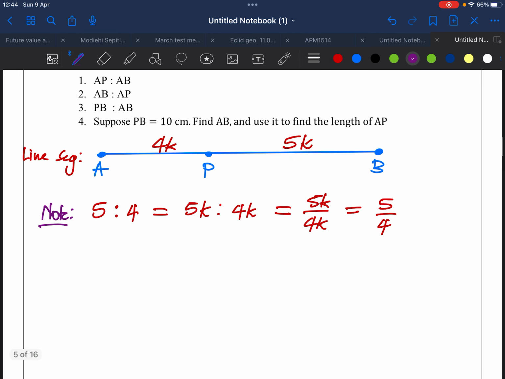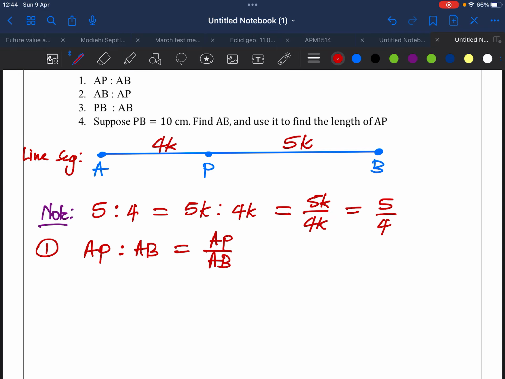So number 1, we have AP is to AB. We have defined AP is to AB as AP over AB.